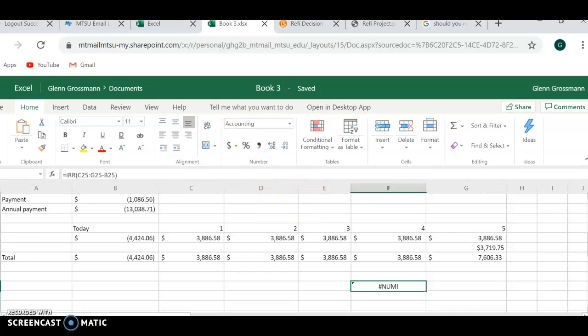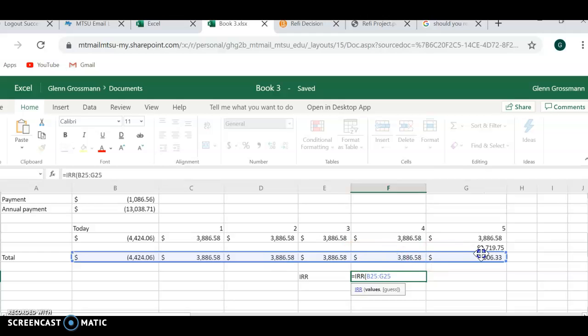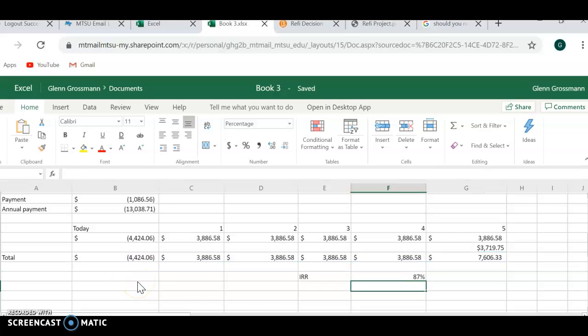Figured out what it was. So it's do your IRR, click this, and then you'll need to drag all the way across, including your 442406. Okay, then we'll need to go comma minus our total, and that gives us an IRR of 87.